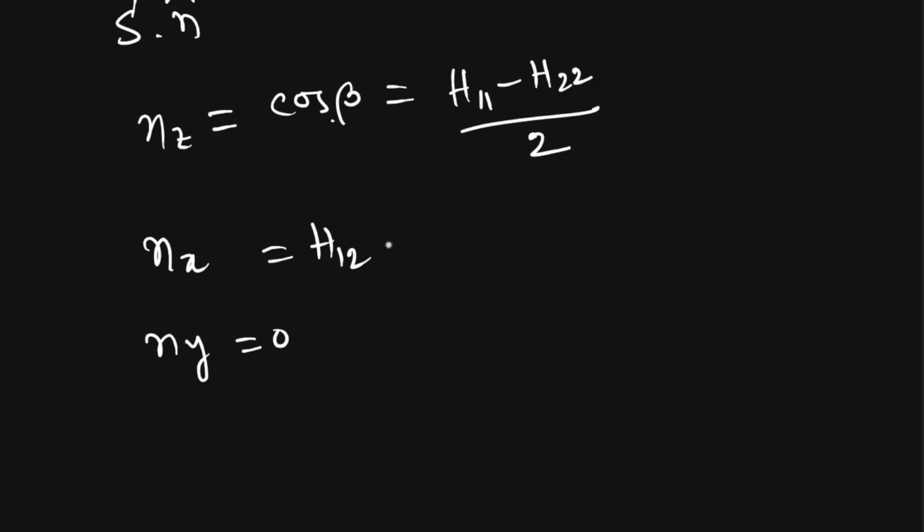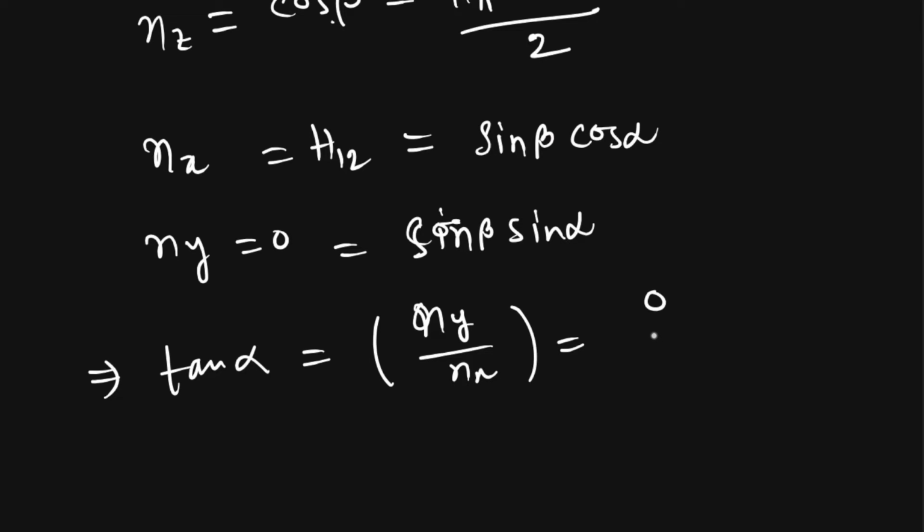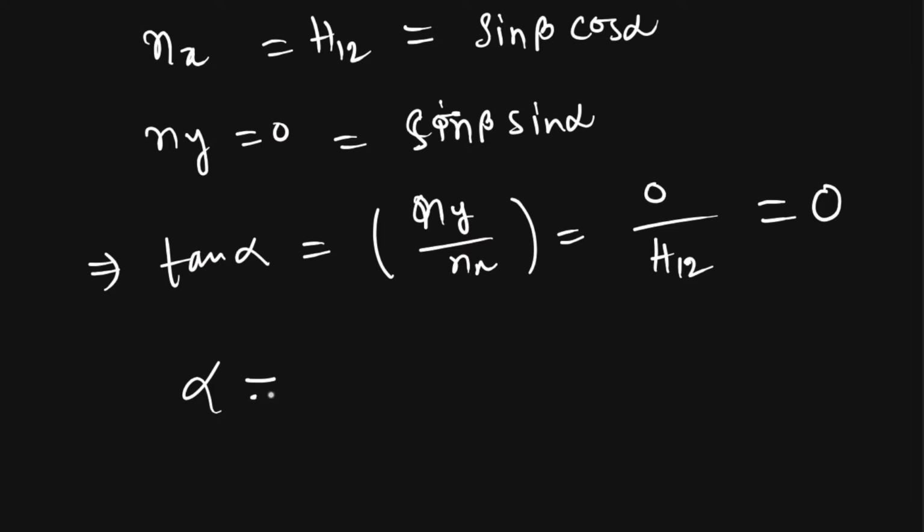Then nx equals sin β cos α and ny equals sin β sin α. That means tan α is equal to ny by nx, which is 0 by H12, that is actually 0. That means α can be 0 or π.